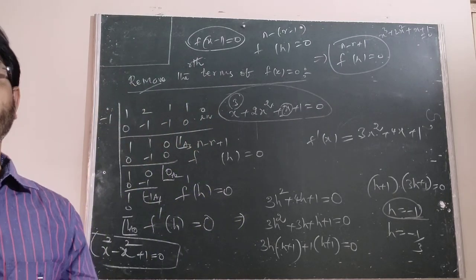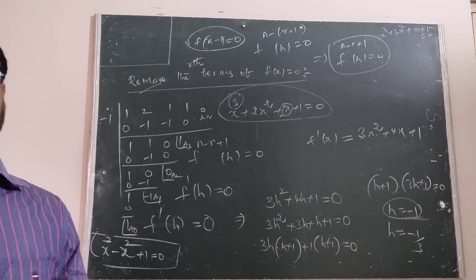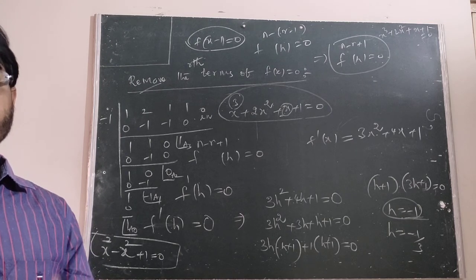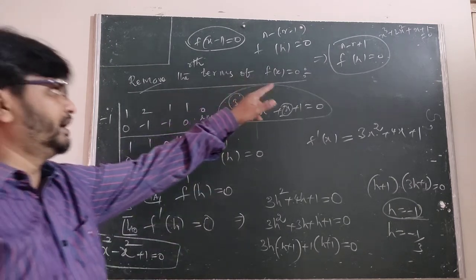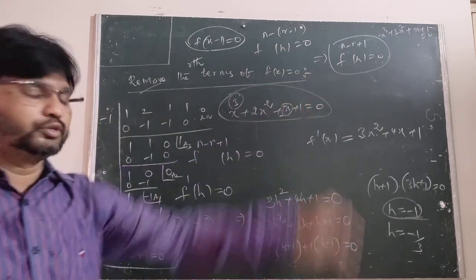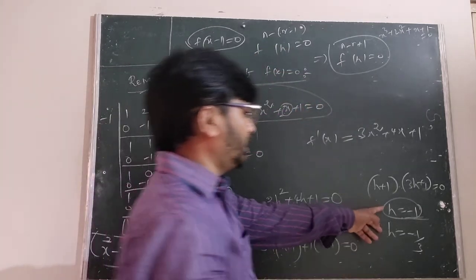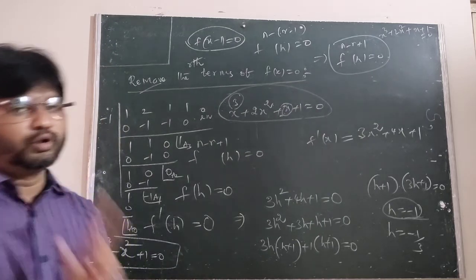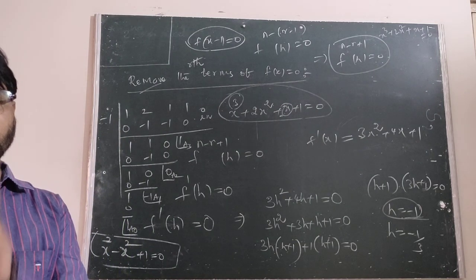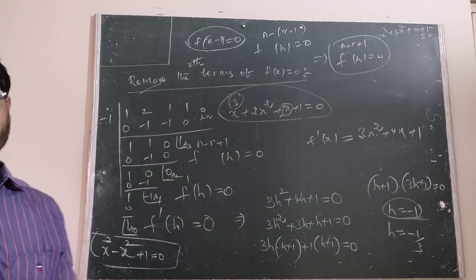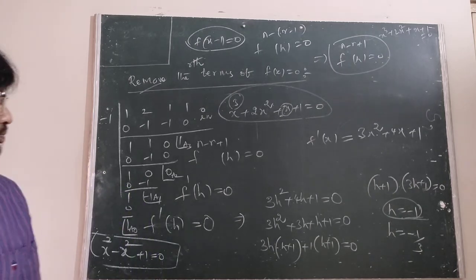We take f of x plus h equal to 0, where h is the constant such that f of n minus r plus 1 of h equal to 0. Suppose if you are getting two values of h, you get two equations; with only one value of h we can have only one transformed equation.